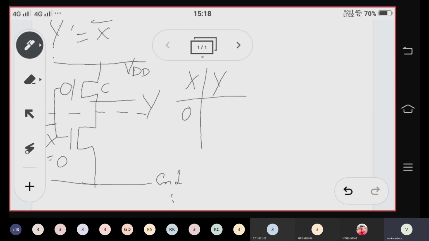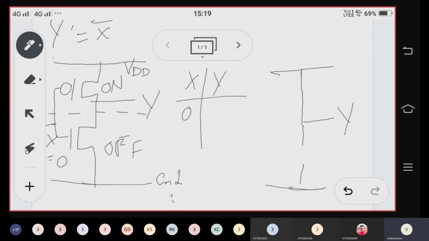Whenever 0 is given to the NMOS transistor, the NMOS transistor is in off condition. So whenever X equal to 0, my PMOS transistor is in on condition, whereas the NMOS transistor is in off condition. It is my output.